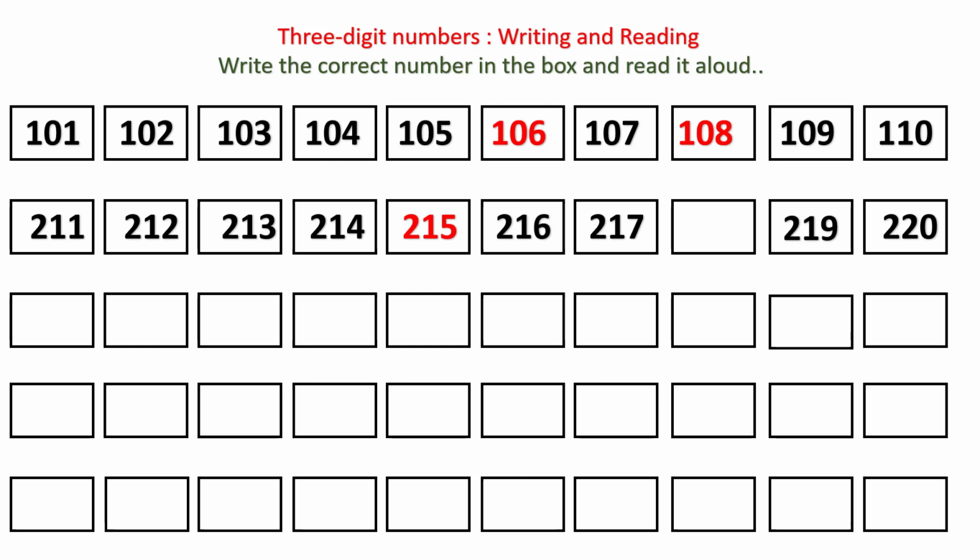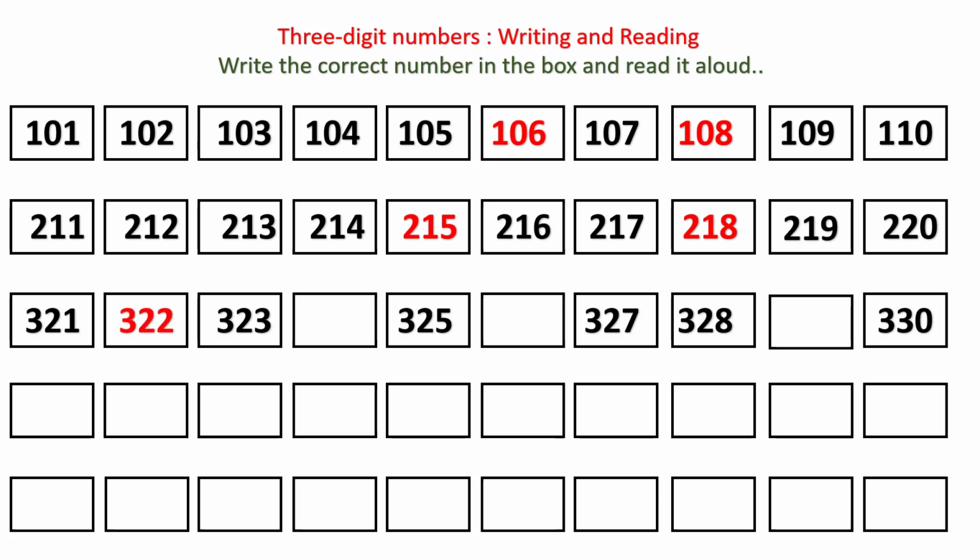After 217 comes 218. 321, 323, 325, 327, 328, 330. After 321 comes 322. After 323 comes 324. After 325 comes 326.